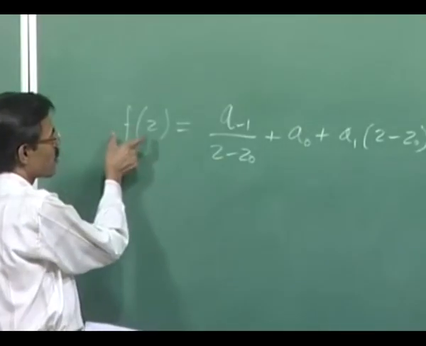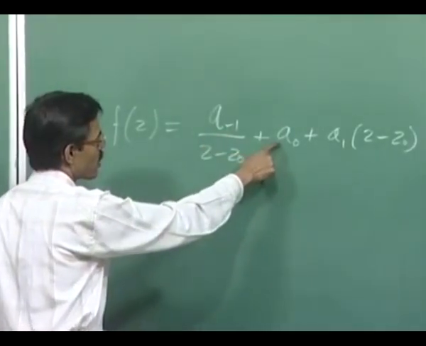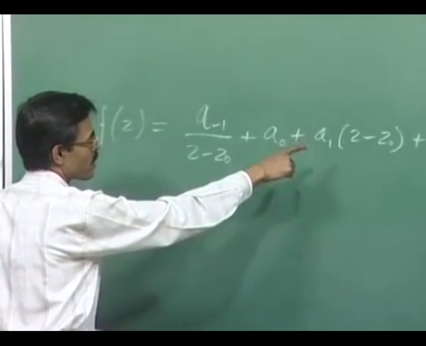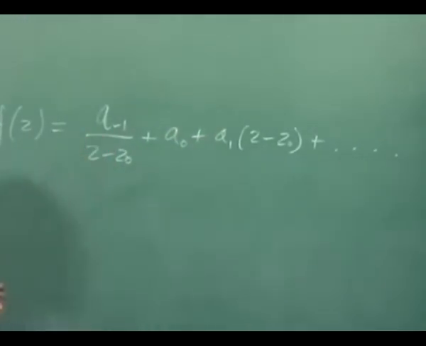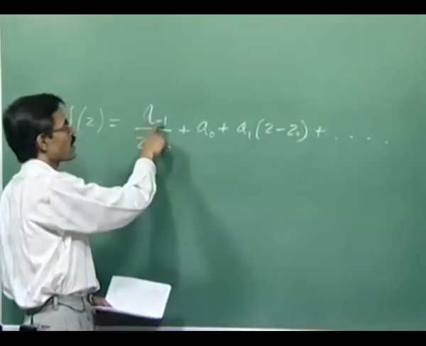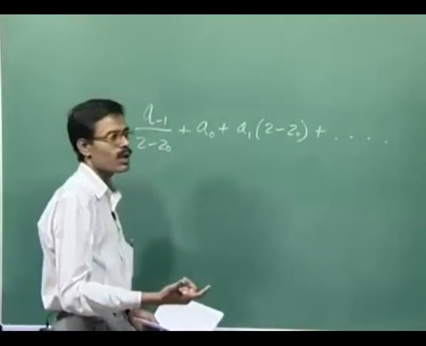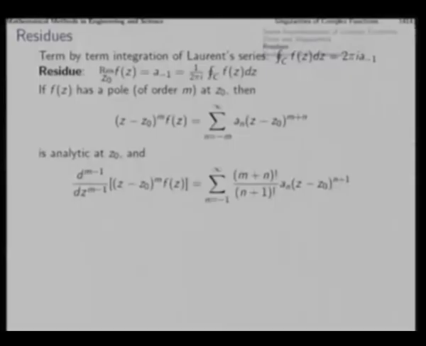Then you will get a minus 1 plus a0 into z minus z0 plus a1 into z minus z0 whole square, and so on. Then simply substitute z equal to z0, all these terms will go off, and you will get a minus 1. So if f(z) has a simple pole at z0, the residue you can find by multiplying f(z) by z minus z0 and then taking the limit.